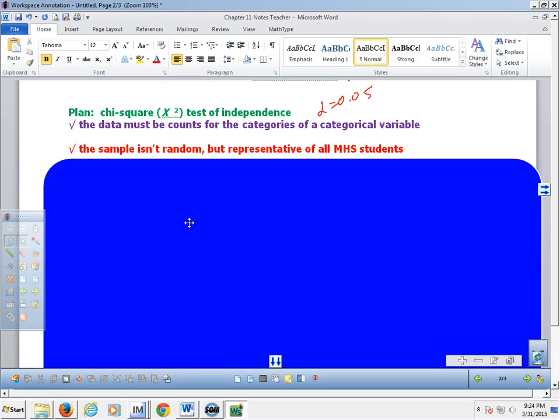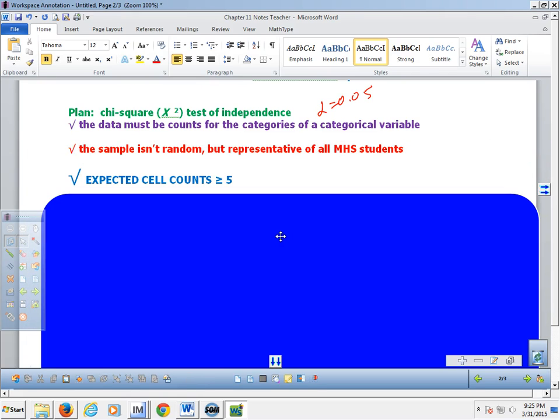Now we can pretend, right, again, we're just trying to get the nuts and bolts of a test, that this is a random sample. We could definitely randomly sample 151 students and do the same thing, okay? But we're going to move on, even though this isn't a random sample.